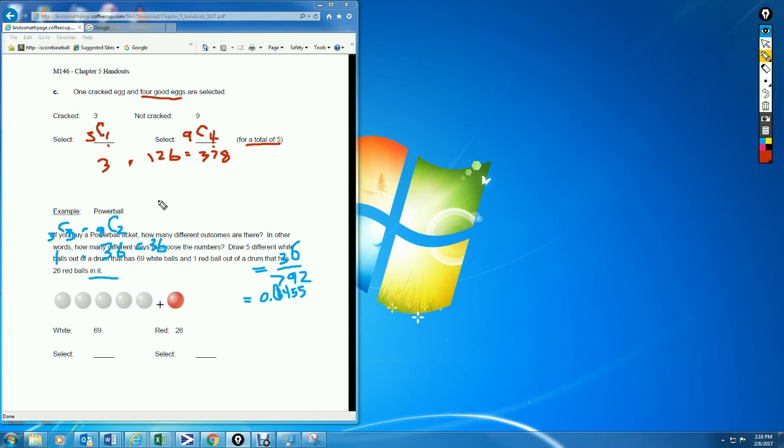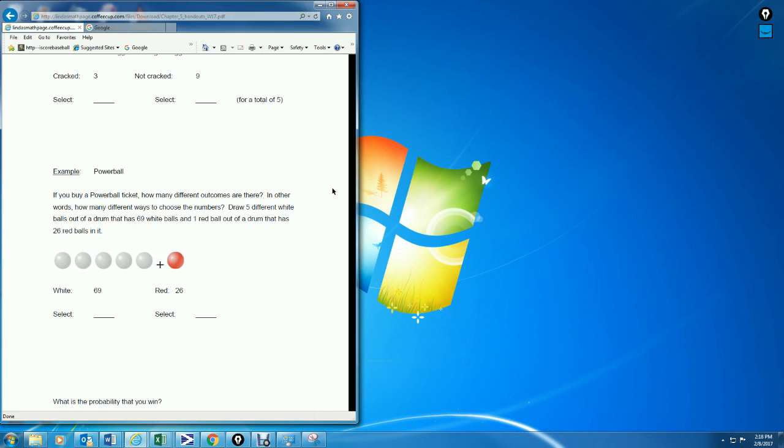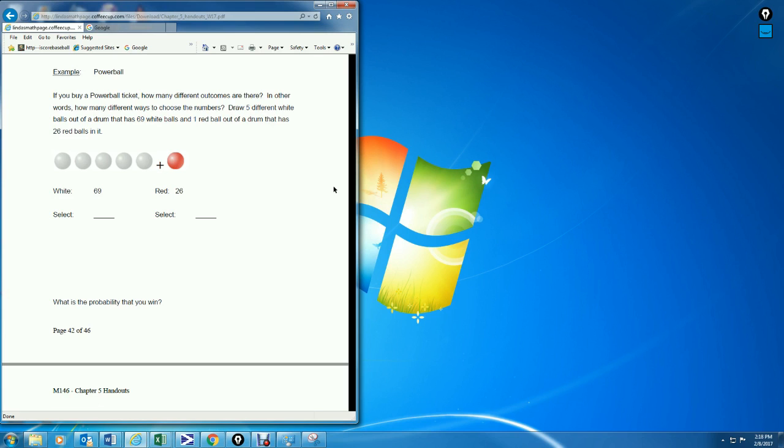All right, so let's get back to the Powerball example that I mentioned at the very start of the section. And the great news is, really, that now we have the methods to calculate how many possible outcomes there were for this Powerball drawing a year ago, okay, that had like $1.6 billion payout.